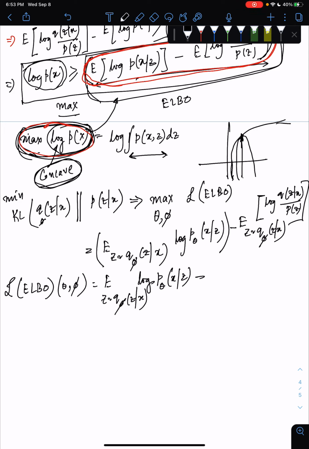It is nothing but an expectation, and then a log with a divergence term. So this is nothing but a KL divergence, and this is also phi. This is also phi.